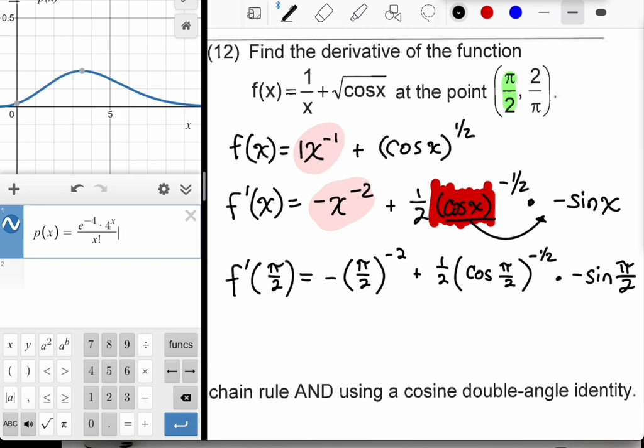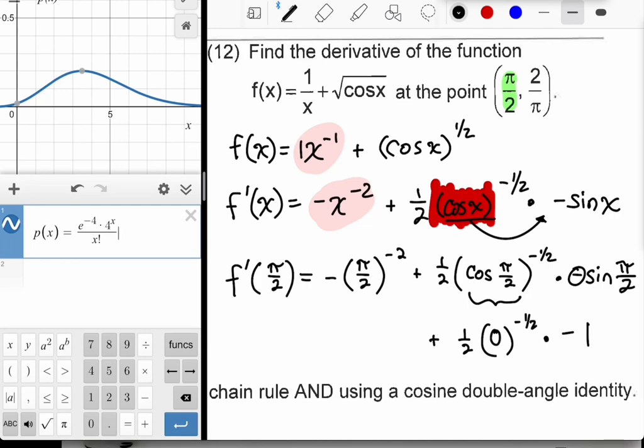If I know what the cosine of 90 degrees is, I'm going to be in pretty good shape. Same thing with sine. Cosine of 90 degrees is what? 0. Sine of 90 degrees is? 1. So I have a negative there, so it's going to be negative 1.